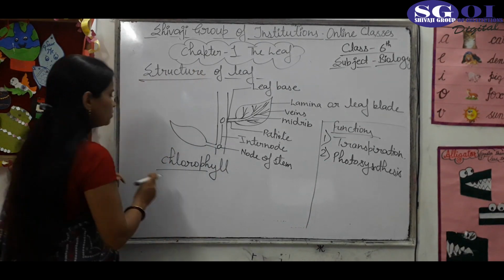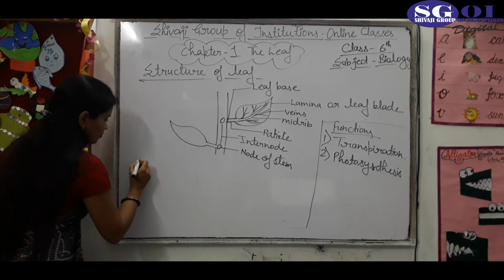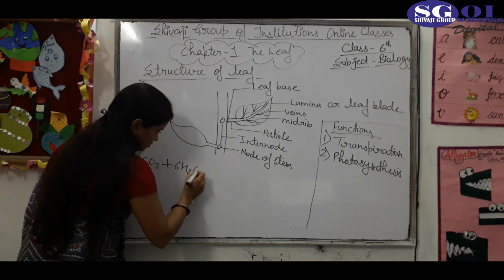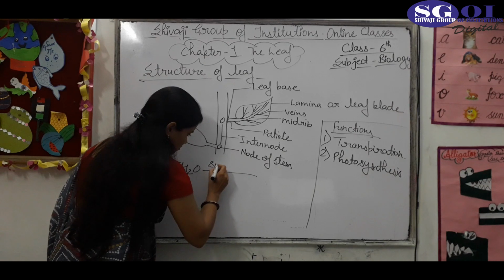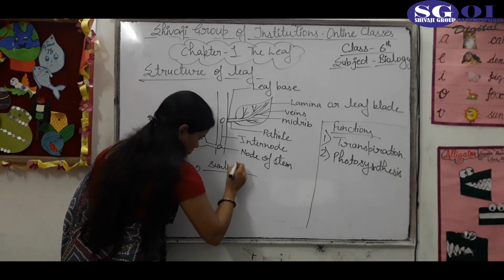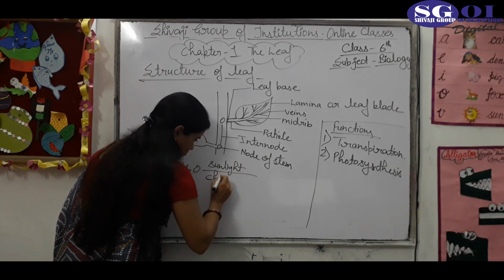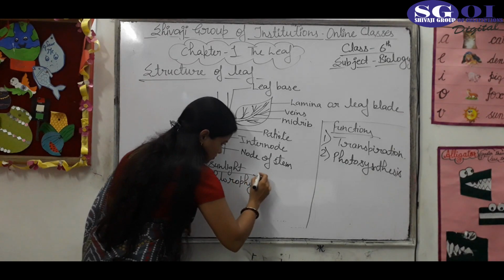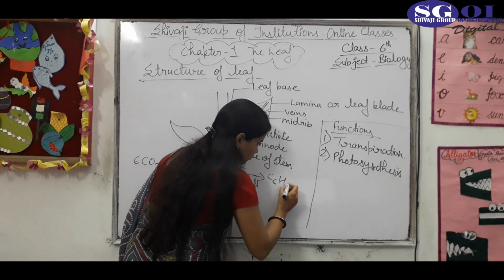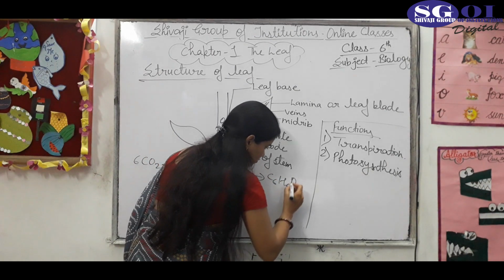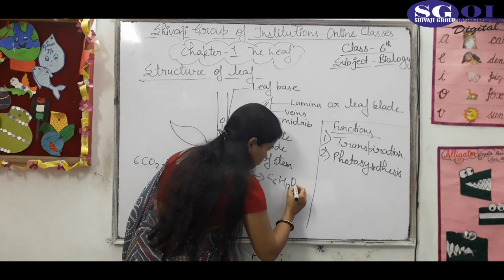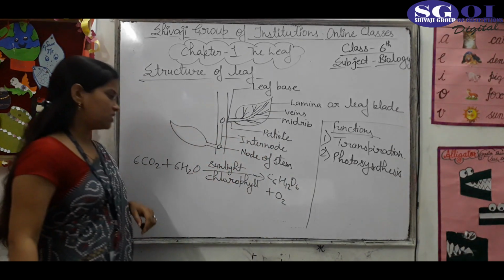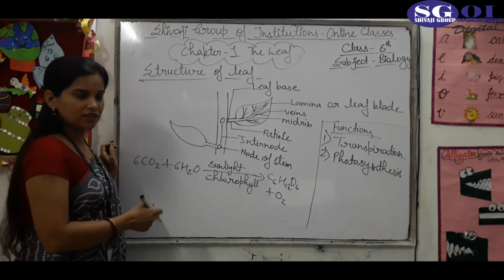The reaction of photosynthesis is this. The food is glucose, and oxygen is released. This is the photosynthesis reaction.